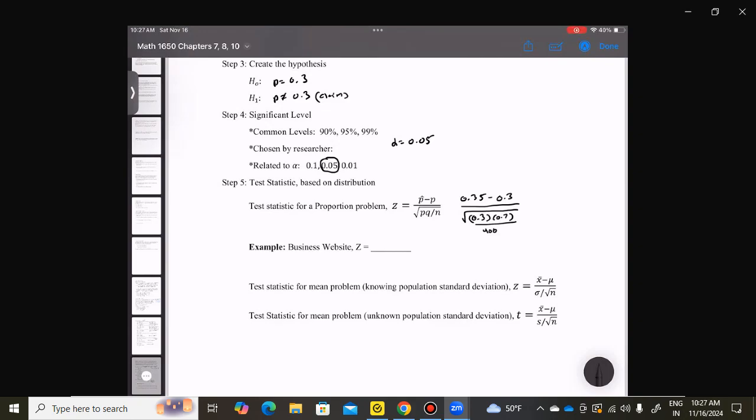Okay. This comes out to be, let me do it on a calculator. So square root, I'm going to start with the bottom. Square root of 0.3 times 0.7 divided by 400. And 0.05 divided by that. Answer gives me 2.18. So that is my test statistic for my z-score.